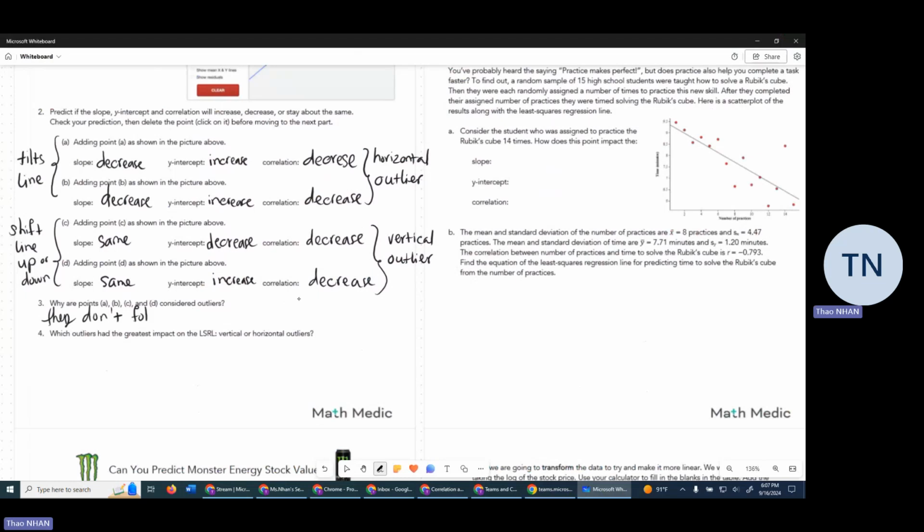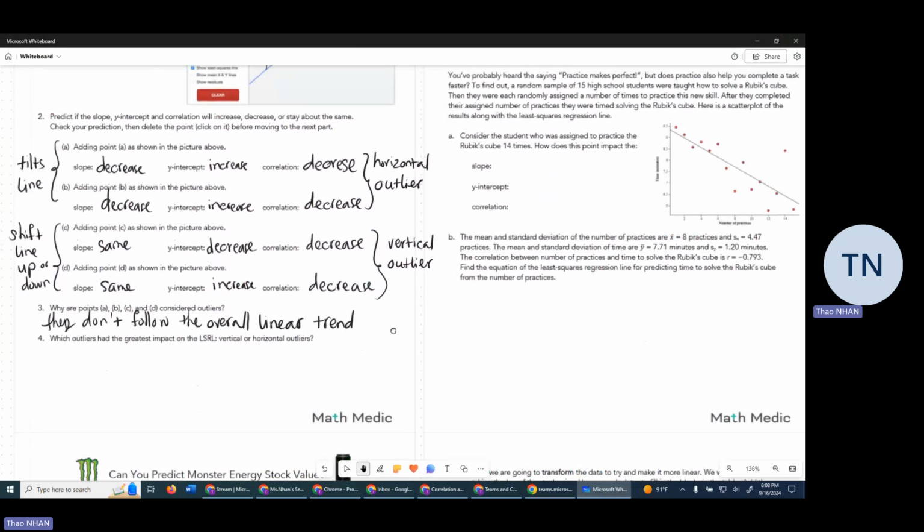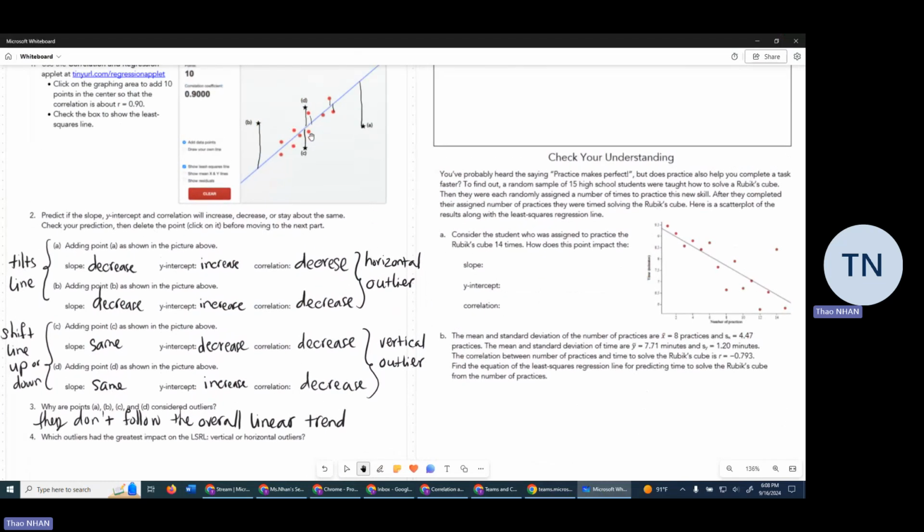So down here, we can say that they don't follow the overall linear trend. The rest of the points were following the trend that is creating a line.